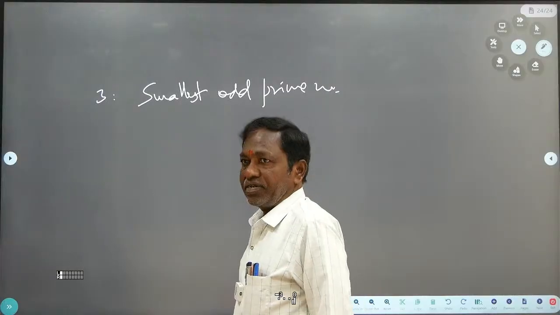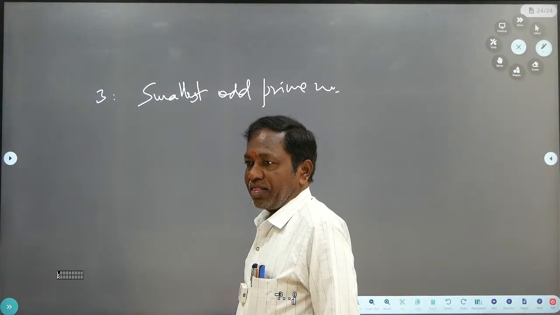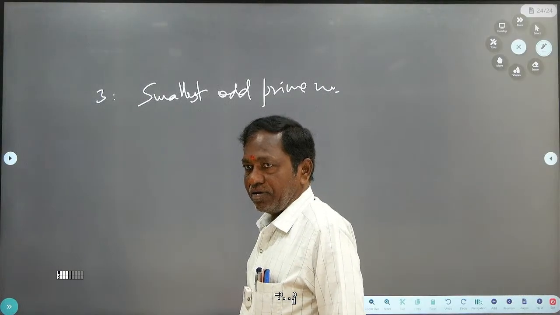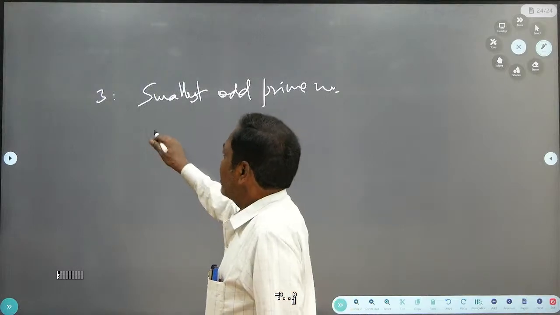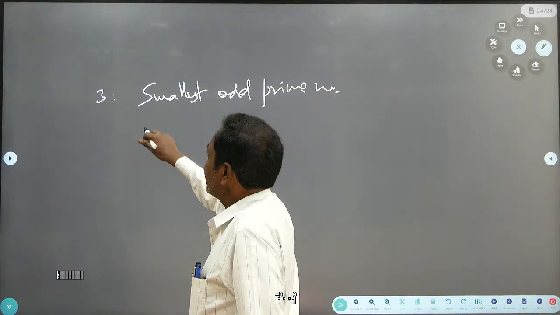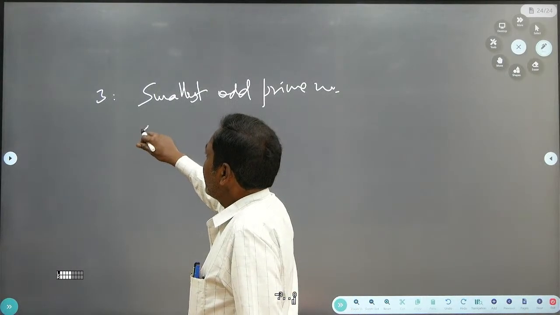What are other properties of 3? If the sum of the digits of a number is a multiple of 3, then it can be divided by 3. Like 3 plus 6.